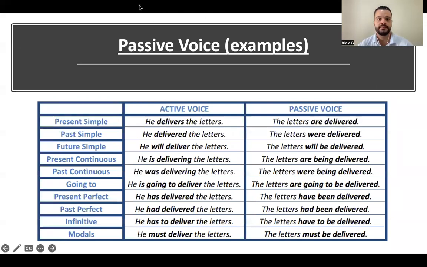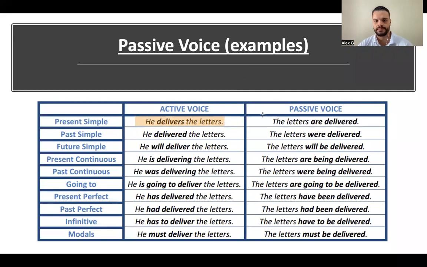So let's erase, and on this next slide, I would like to show you the different passive voice tenses. So the active voice, he delivers the letters. This is in the present simple, so subject, verb, complement. And the passive, remember now we focus on the receiver of the action.